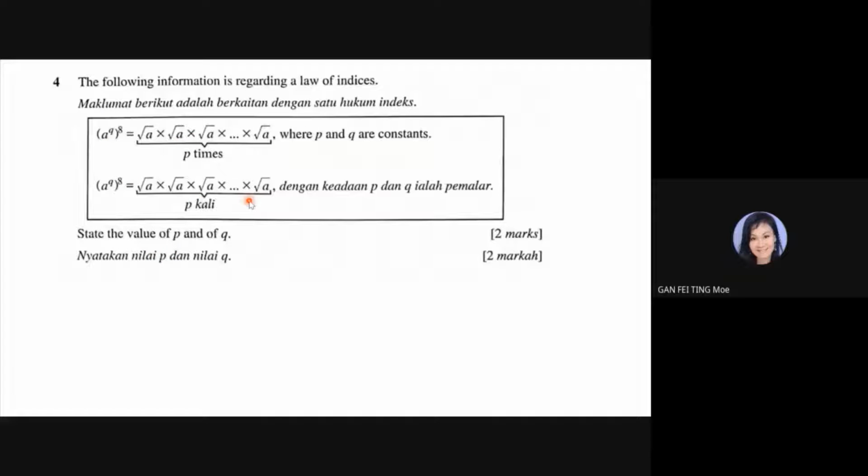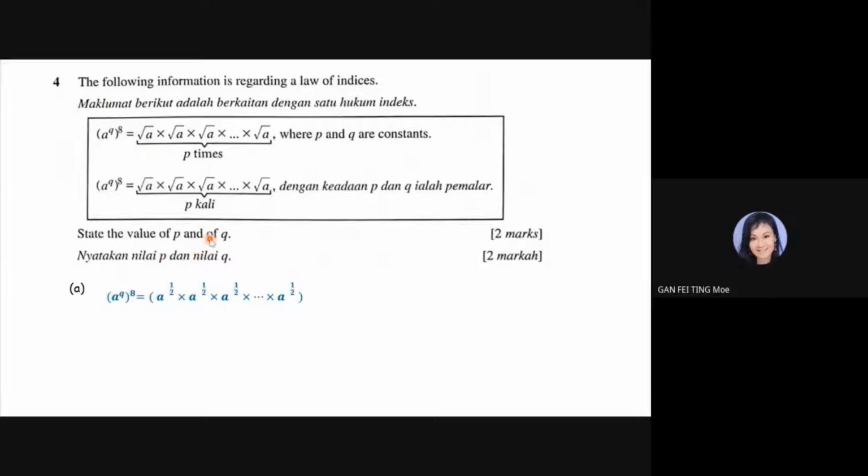So what are you going to do to make sure that you get this one correct? Look into the working that I'm going to show you now. So a to the power of 2, raised to the power of 8. I change the square root of a into a to the power of half, because square root is power half. They are equivalent. So this is index form, this is index notation, and this is the square root sign.